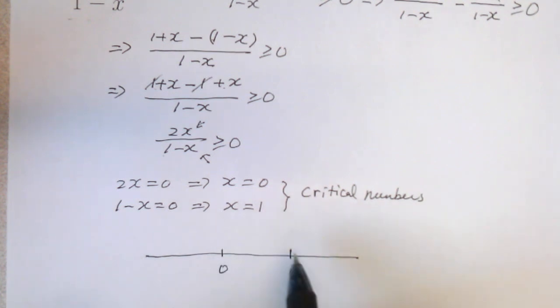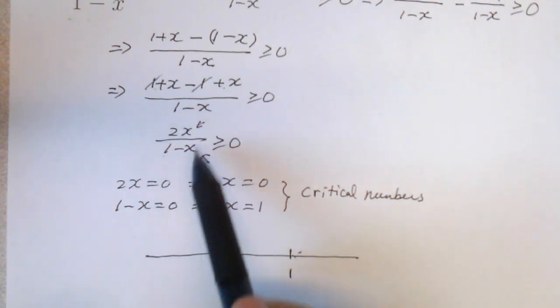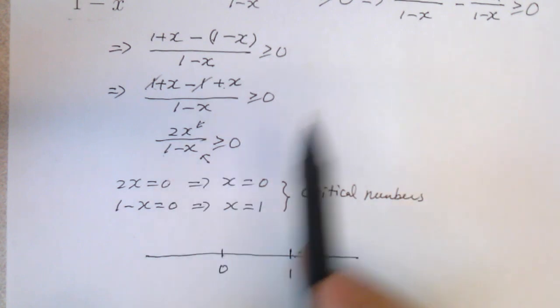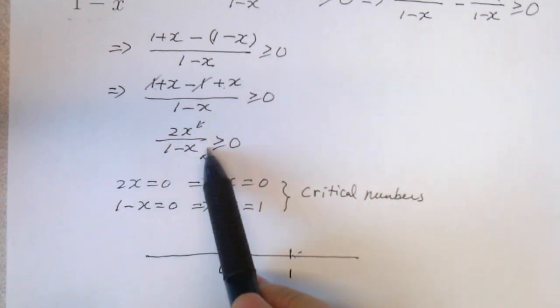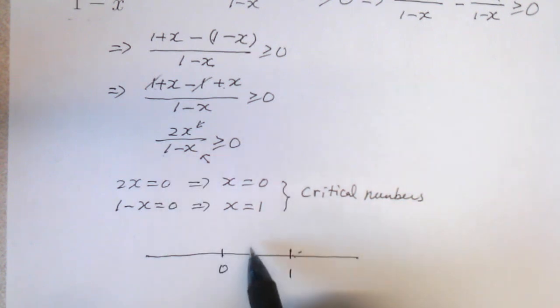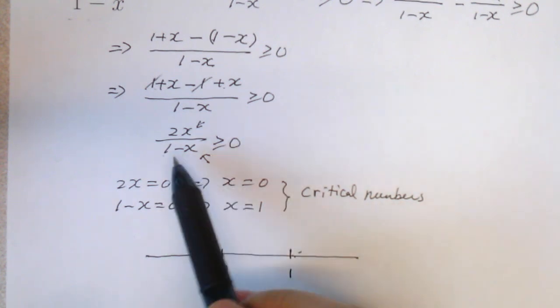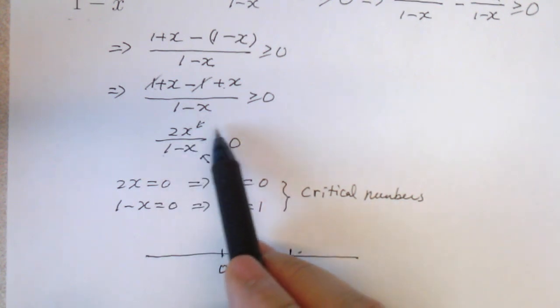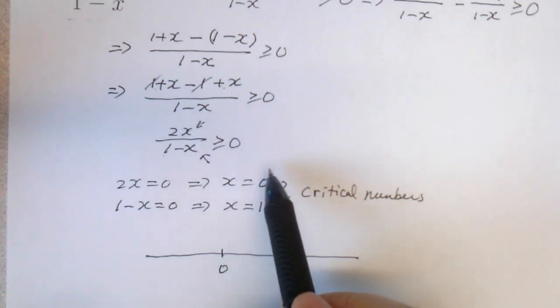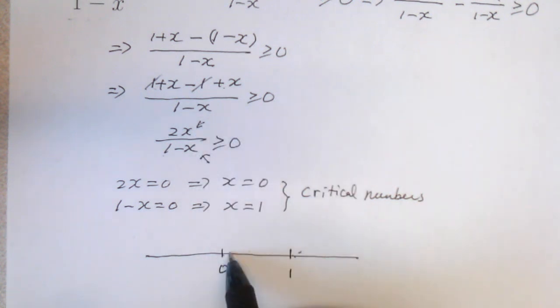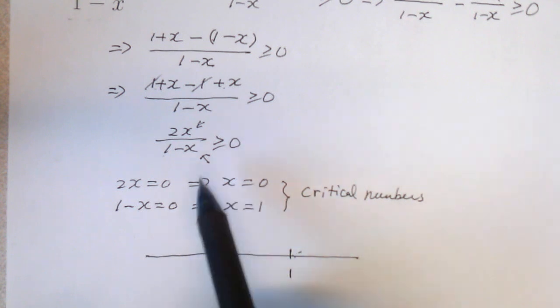Between two consecutive critical numbers, the expression will not change sign. So if we know one number in that interval makes this greater than 0 or less than 0, then we know that everything in that interval will make this greater than 0 or less than 0.